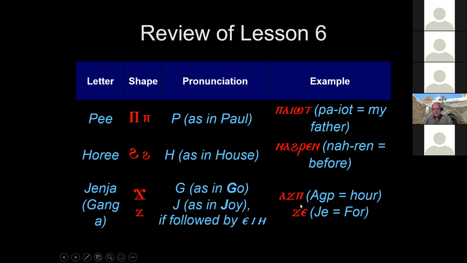Because in the Agpeya response, we say our Father instead of saying for. So my question is, why did it say J equals for in the Agpeya when we say our?